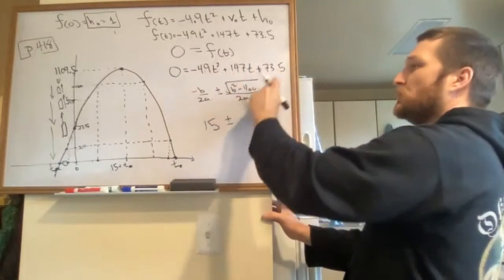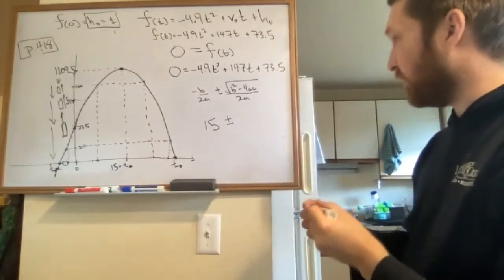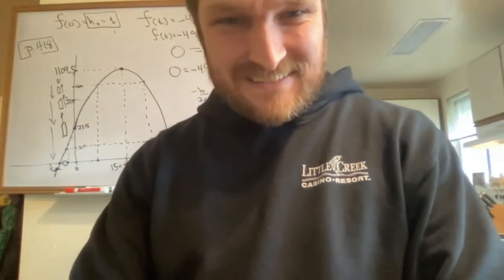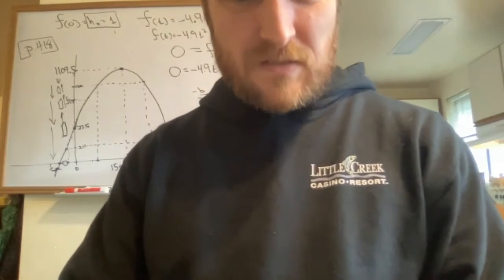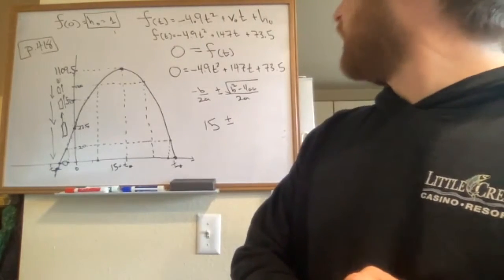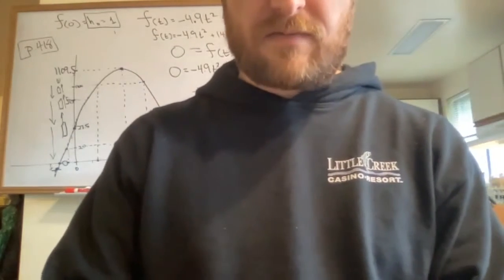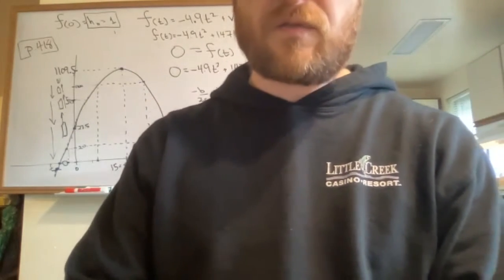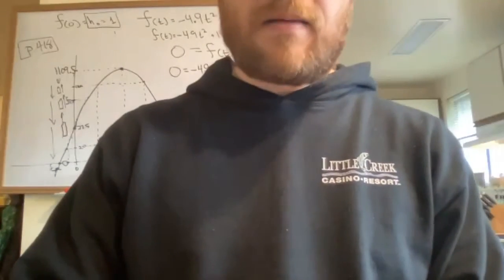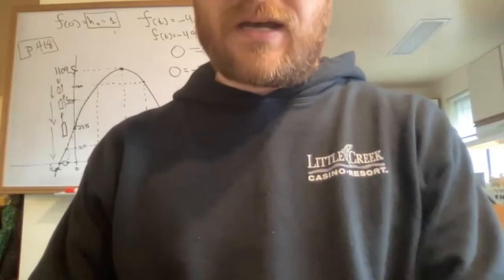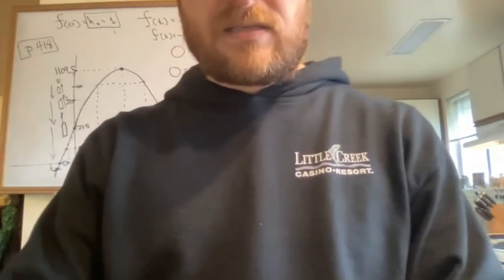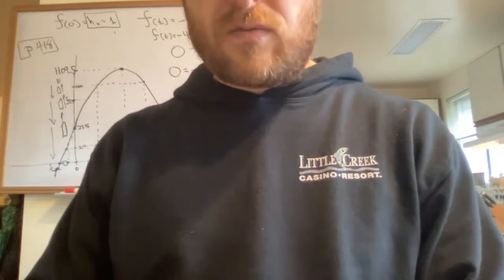I'm going to go ahead and do this in Wolfram. Do it to it. So let me do this: the square root of 147 squared minus 4 times a, which is negative 4.9, times c, which is 73.5.